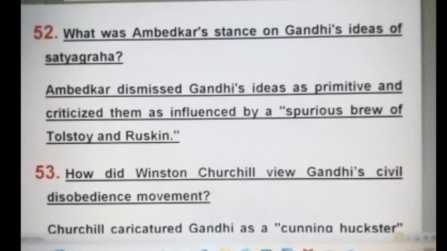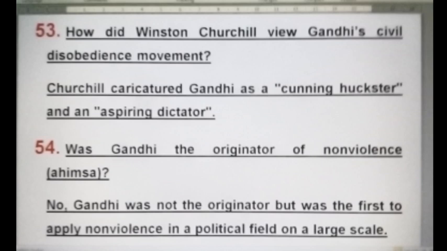Ambedkar dismissed Gandhi's ideas as primitive and criticized them as influenced by a spurious brew of Tolstoy and Ruskin. How did Winston Churchill view Gandhi's civil disobedience movement? Winston Churchill caricatured Gandhi as a cunning huckster and an aspiring dictator.